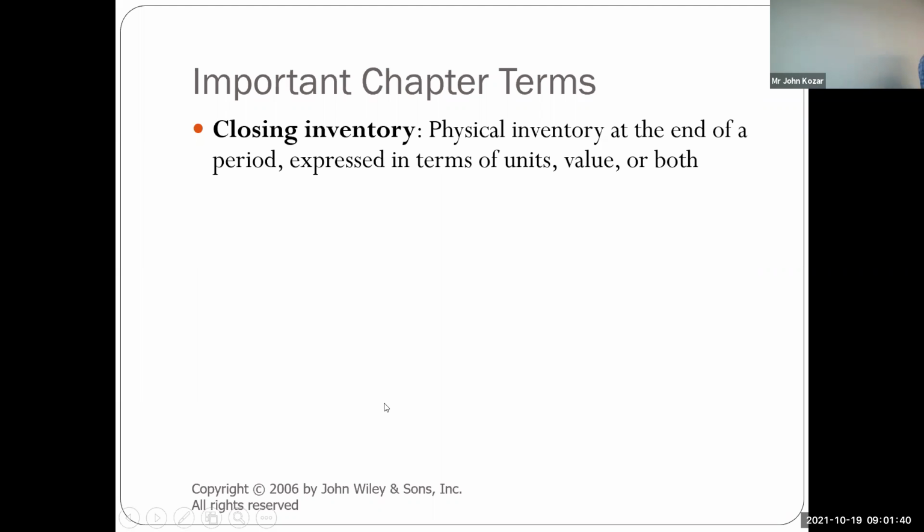If you're in the kitchen, you're probably just going to be concerned about how many gallons of milk that you have. But in the bookkeeping office, they're going to be concerned about how much that milk is worth. So they're going to assign a dollar amount to it.